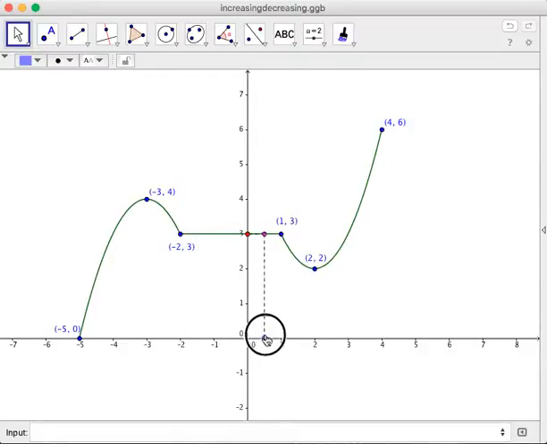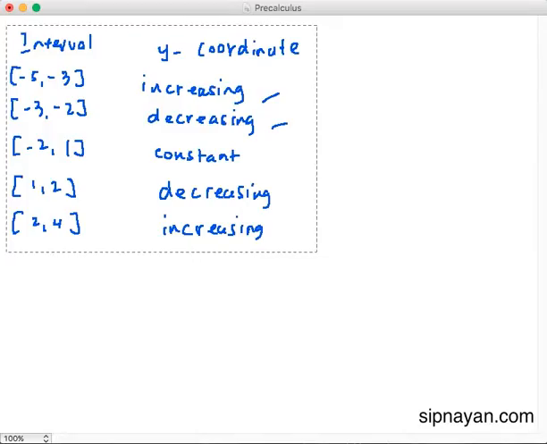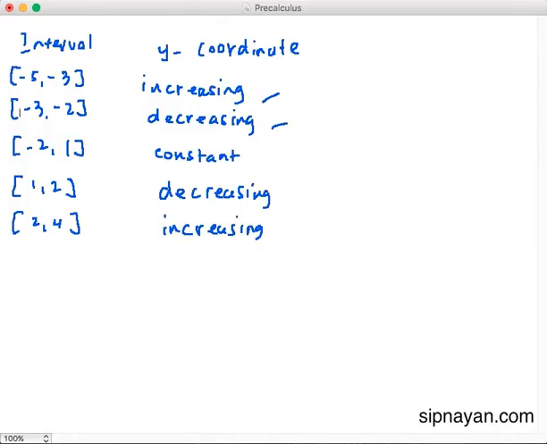This is a constant, decreasing, and from here to here, increasing. So from the previous video, we already discussed that, and I showed you the meaning of increasing.